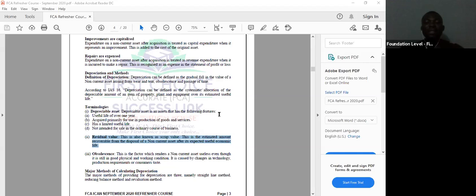Another name for it is scrap value. Majorly it is widely known as residual value and scrap value.